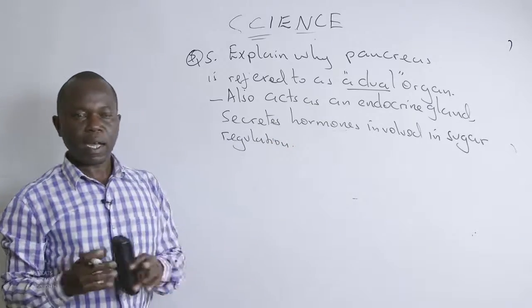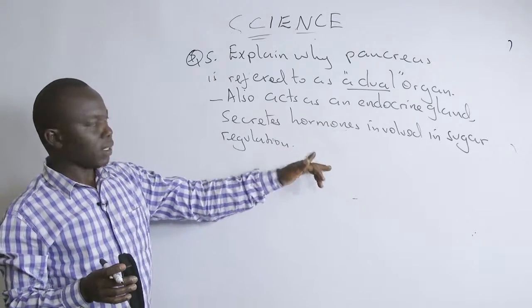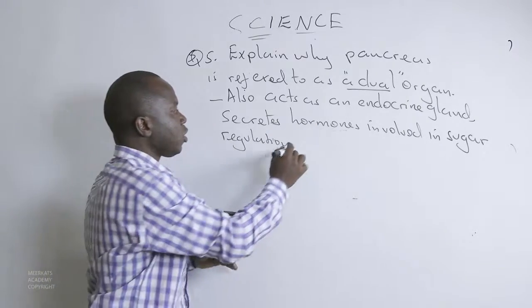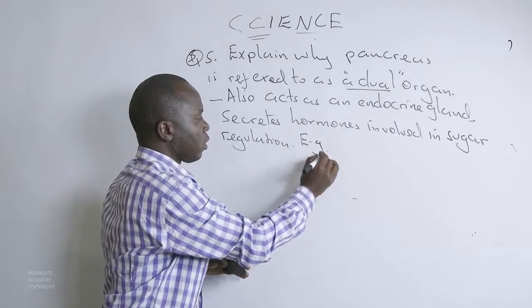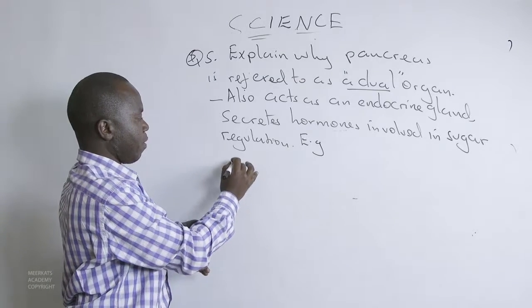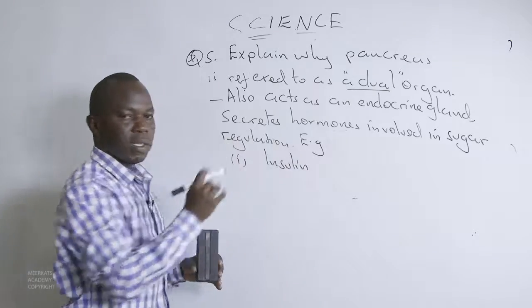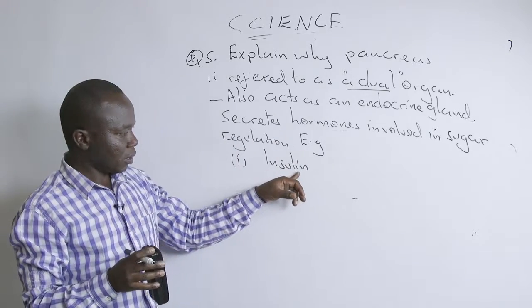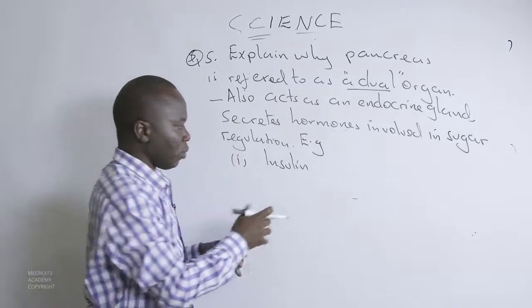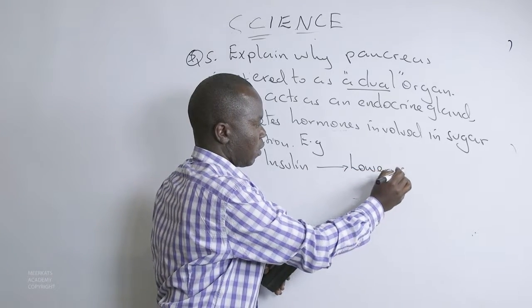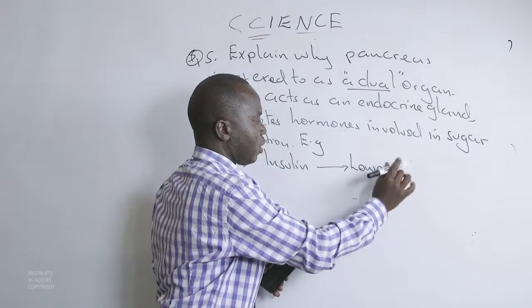Now you can go ahead and give examples of hormones involved in sugar regulation, e.g., we have two of them. We have mentioned one, insulin. Insulin lowers blood sugar to normal.